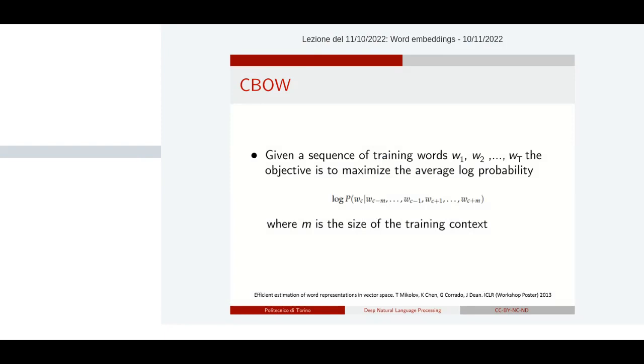Here is the formulation, which is quite straightforward, because we try to maximize the log of the conditional probability of a center word given all the words in the context. Here M is the size of the training context. They use a different notation compared to the previous one, where it was C. I'm sorry for the inconsistency.